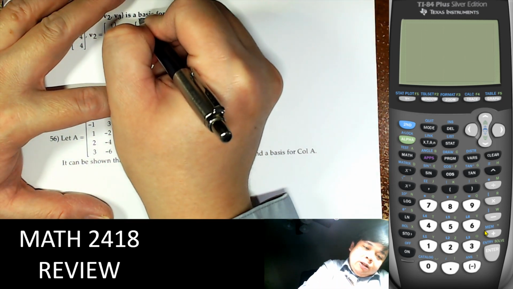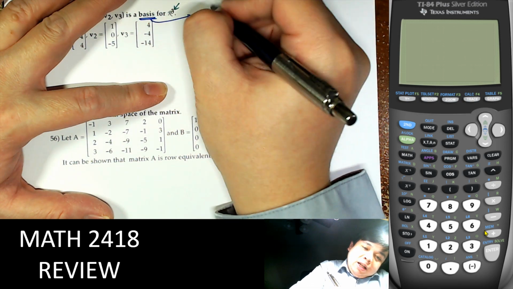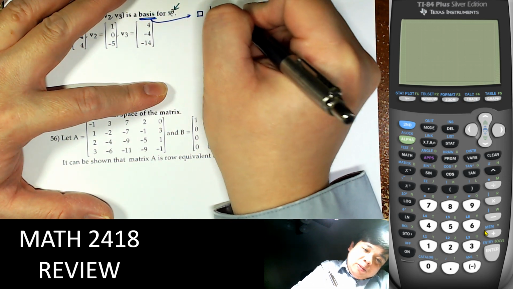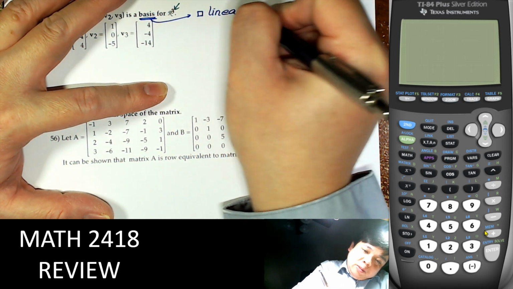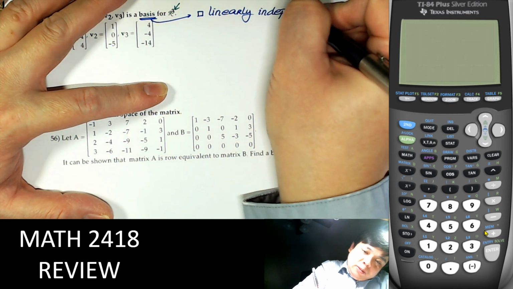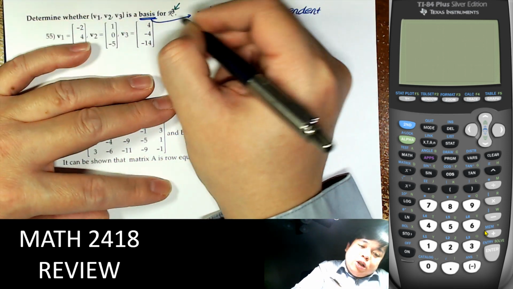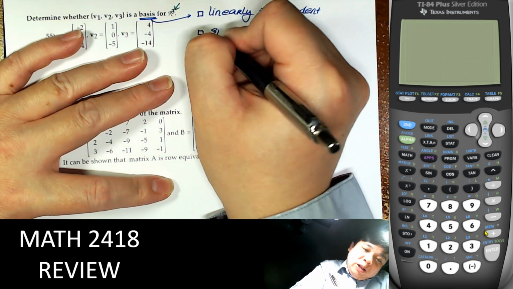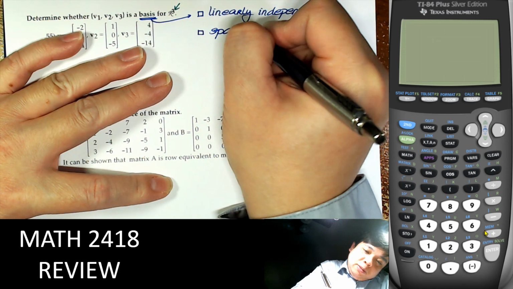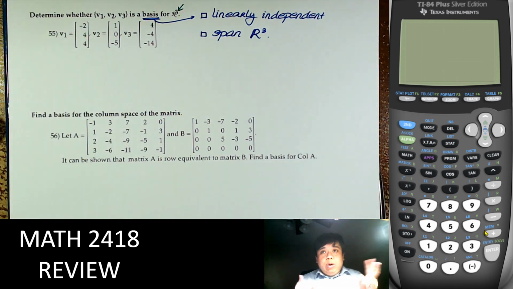Usually, number 1 is linearly independent. The second box, they have to span R3. Now, usually we check those 2.